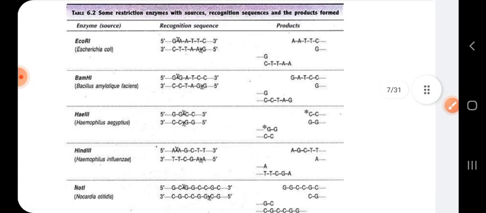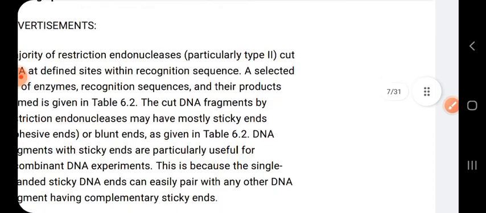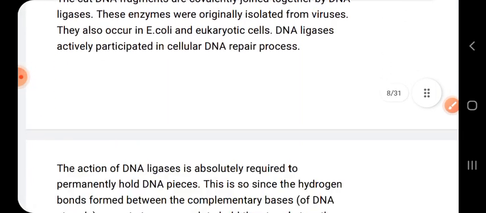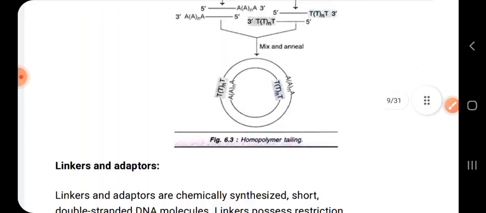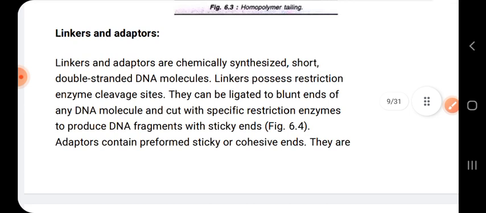What are linkers and adapters? Let us see. There are also other enzymes as well, I will go into them later. So linkers and adapters.